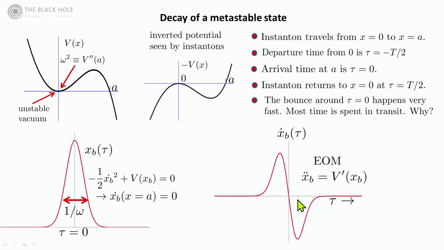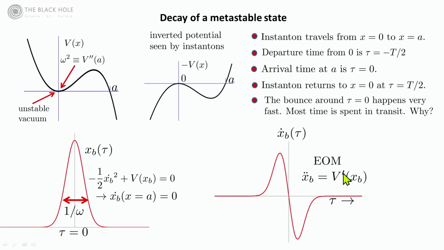Okay. But look at the equation of motion. The Newton's law for the instanton. And remember how we got the Newton's law for the instanton? We expanded the action, and then we said that the first order in action has to vanish. When it vanishes, the condition for it to be 0 is that xb double dot is equal to this.